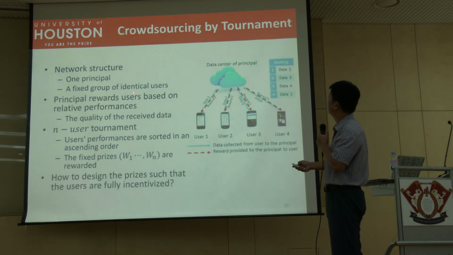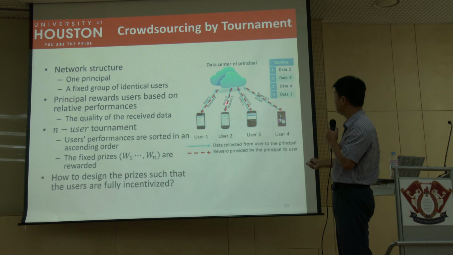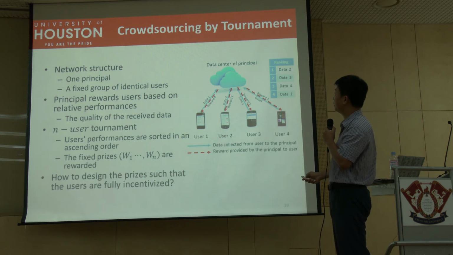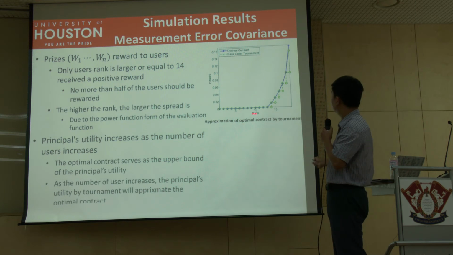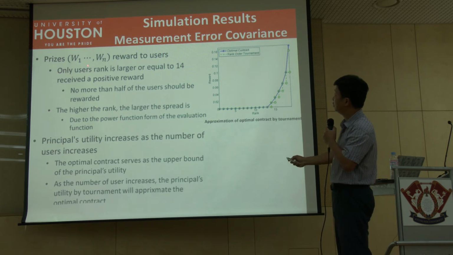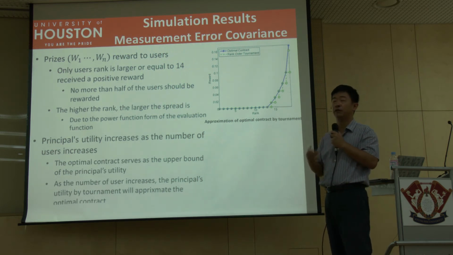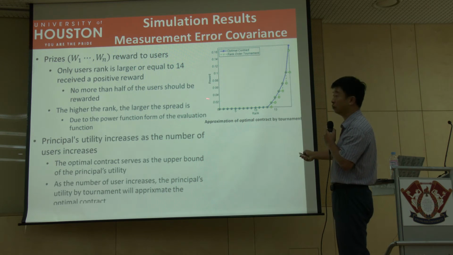Basically, we designed this award for the different users. And then we introduce this tournament one. Basically, this is an award based on ranking. You get a sensor, you give me some information, I rank it, whether it's useful or not. If useful, I will give you a higher reward, and otherwise, I give you a lower reward.